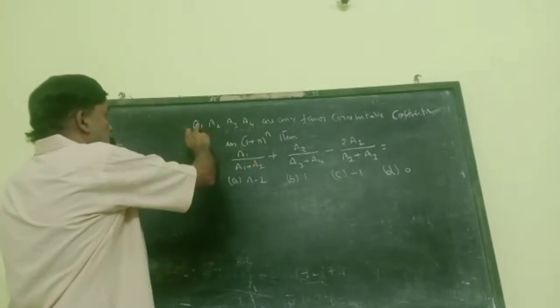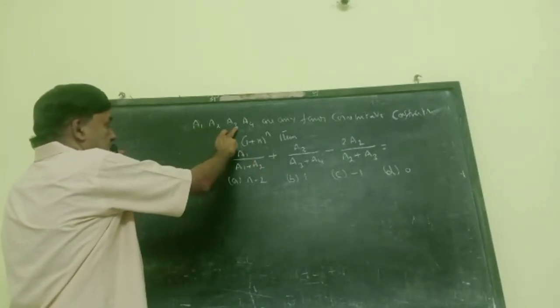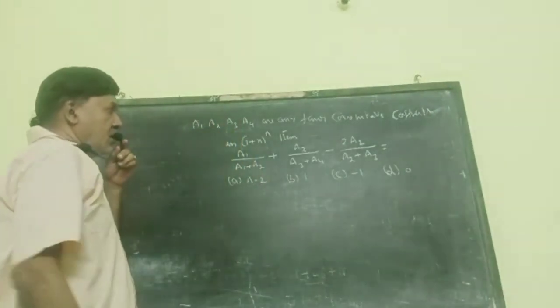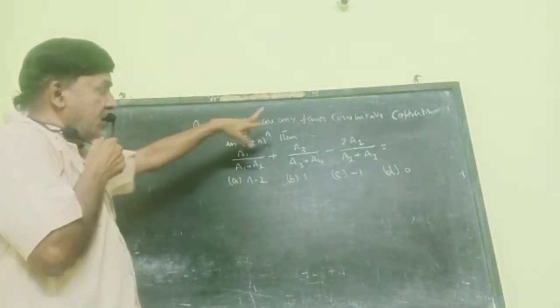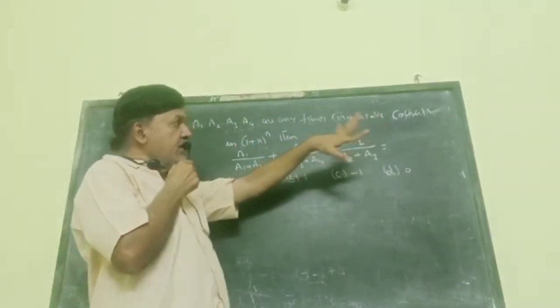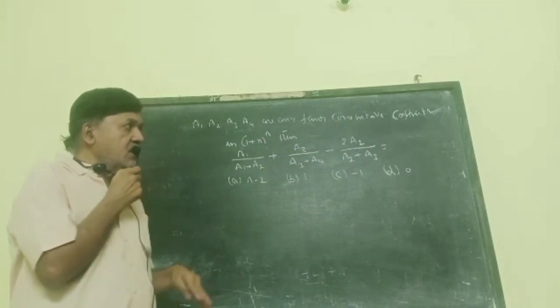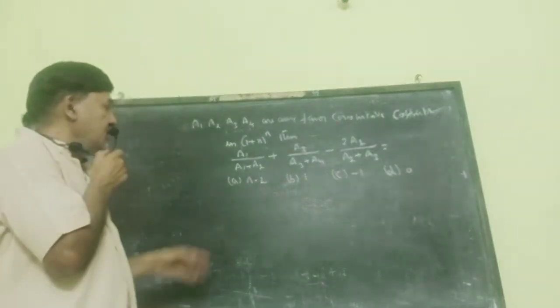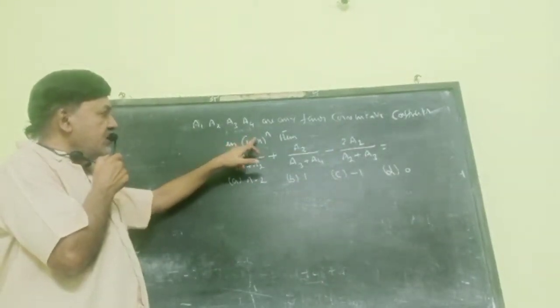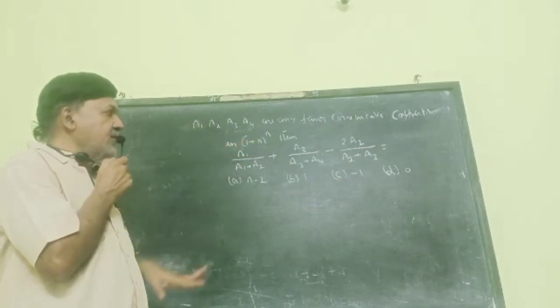Look at this. A1, A2, A3, A4 are any 4 consecutive coefficients in the expansion of 1 plus x whole power n.